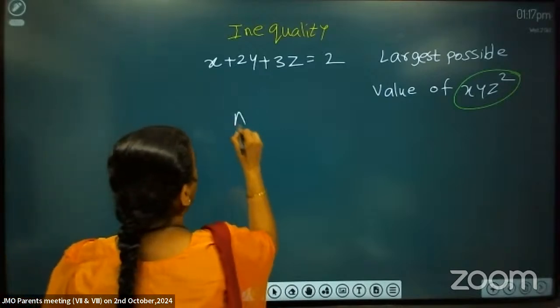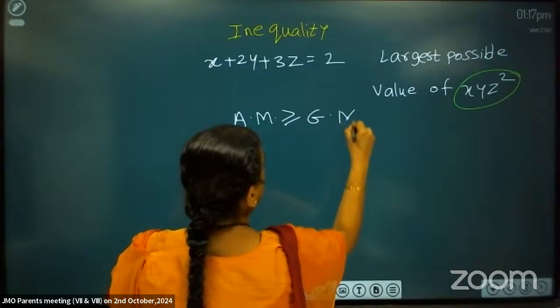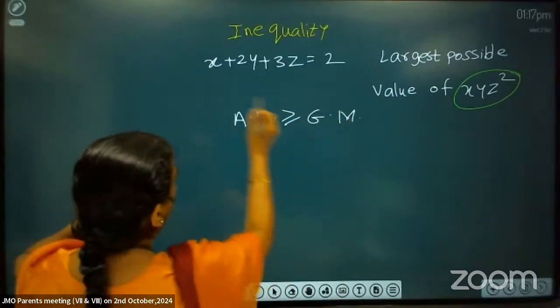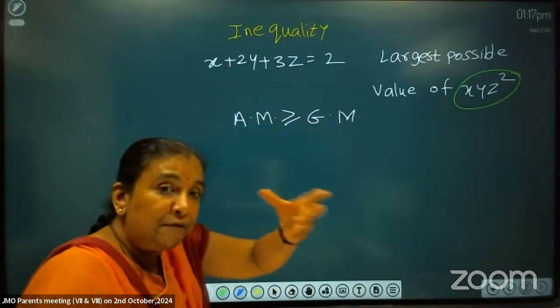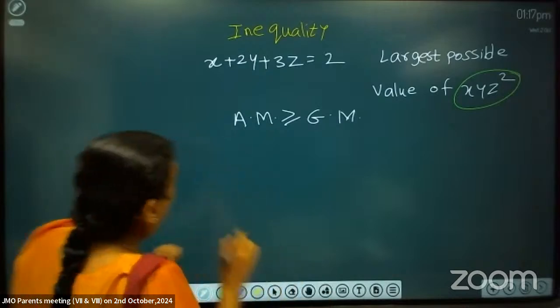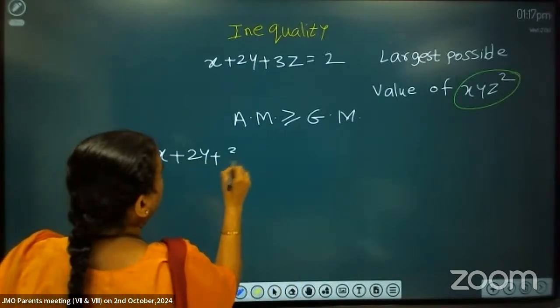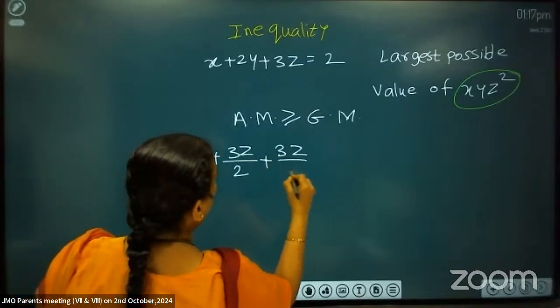So I say arithmetic mean is greater than or equal to geometric mean. All right. Now I will write this x, 2y, and 3z in the form of four terms. So how? X plus 2y plus 3z upon 2 plus 3z upon 2.